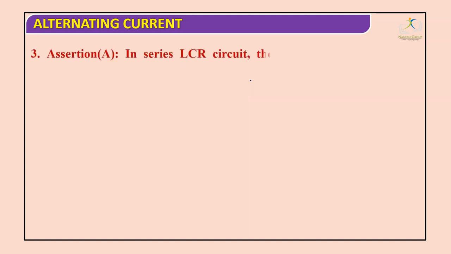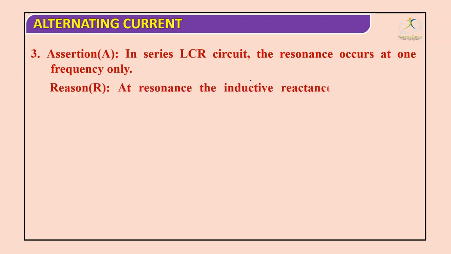The next question is assertion and reason type. Assertion: in a series LCR circuit, resonance occurs at one frequency only. Reason: at resonance, the inductive reactance is equal and opposite to the capacitive reactance.